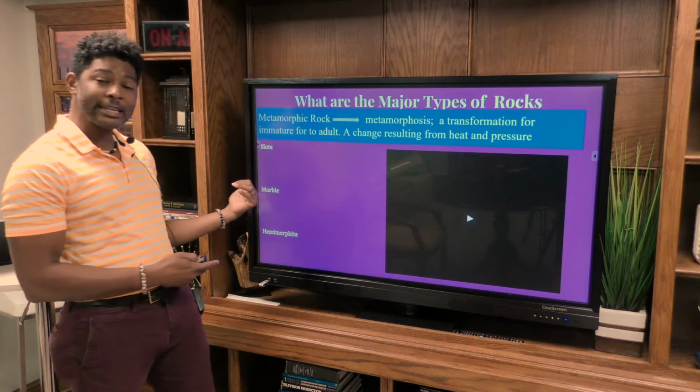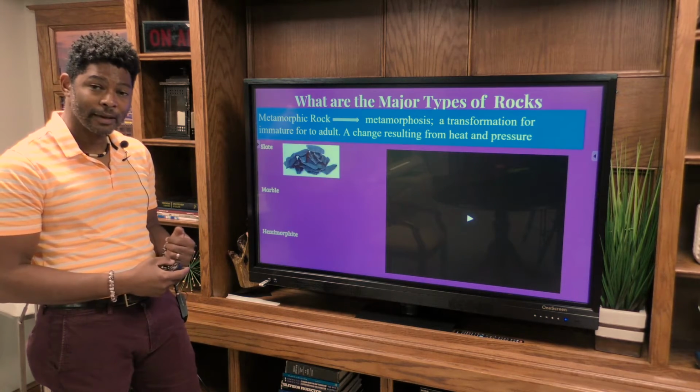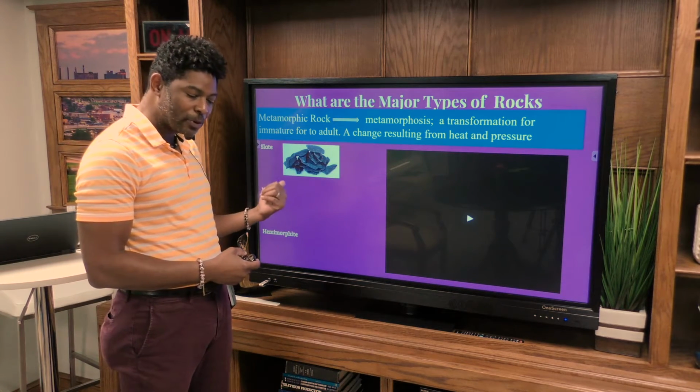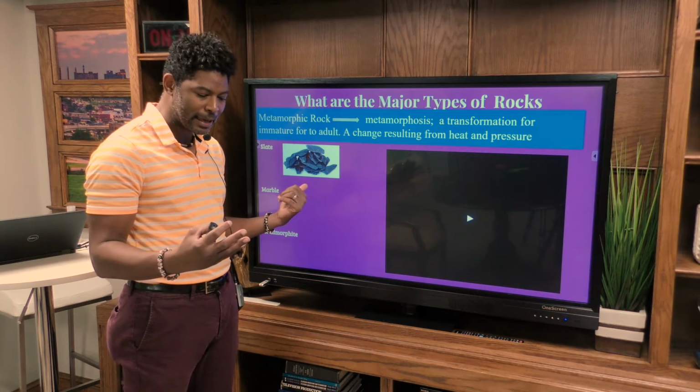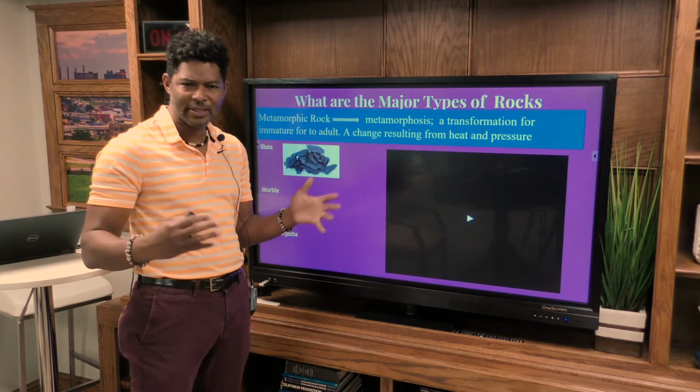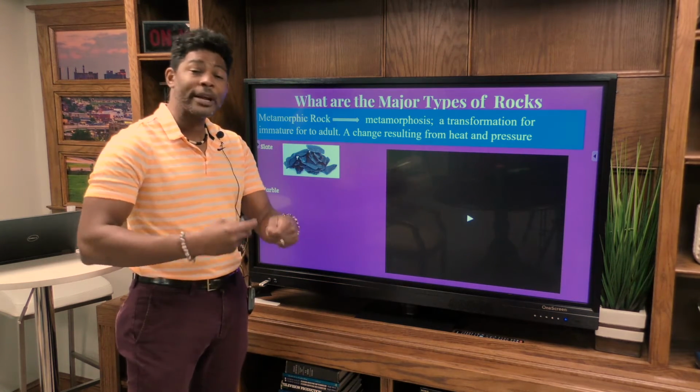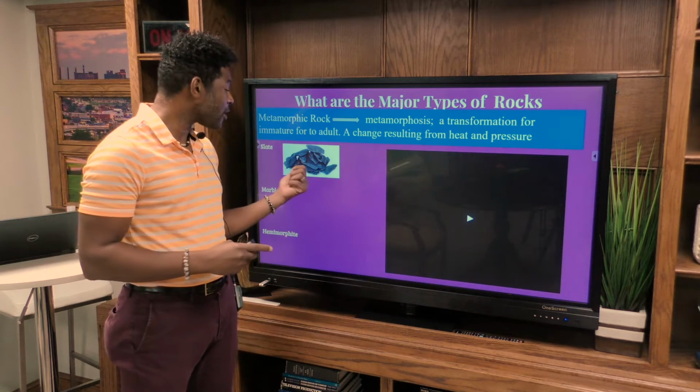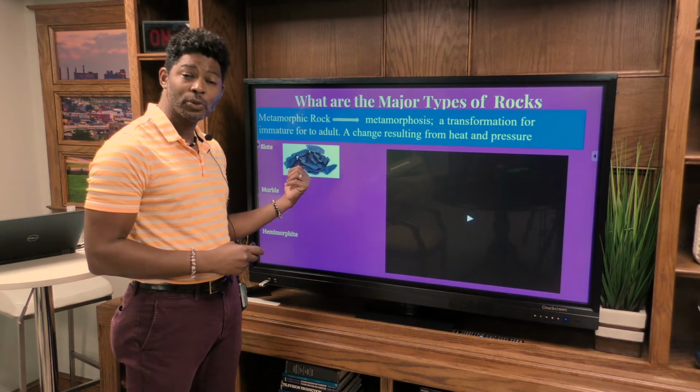One example would be slate. Some people use slate, especially when they're making water fixtures and things of that nature. It breaks apart very easily, but it is also good for tools.